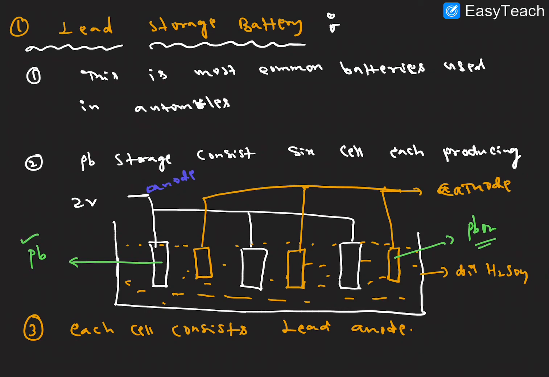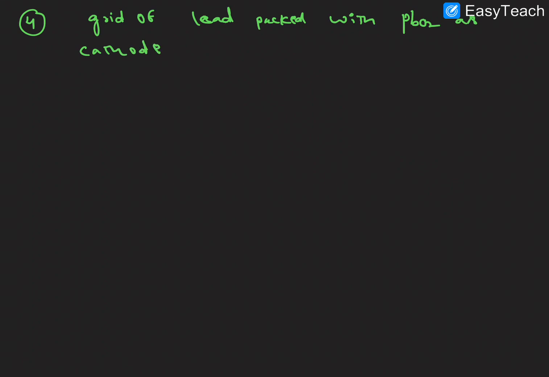This is the cathode, this is the anode, right? That is the third point I am discussing. I hope it is clear. Now the fourth point here, a grid of lead packed with PbO2 as a cathode.